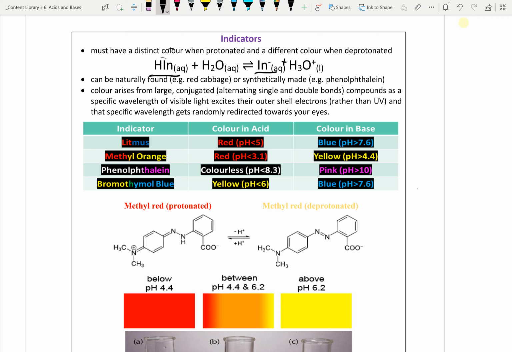And you'll notice throughout the whole compound, there's this alternating double bond, single bond. Once that hydrogen goes off, instead of a charge remaining around the nitrogen, because H plus left, that charge is able to spread throughout the whole molecule.